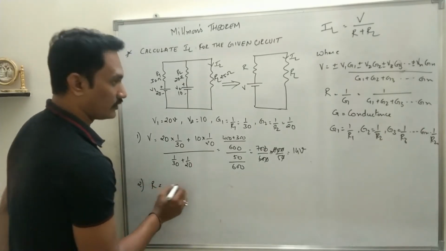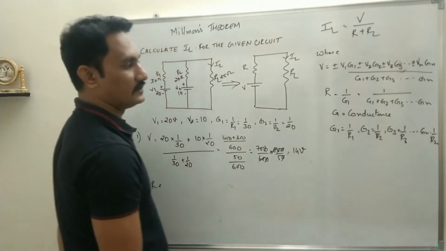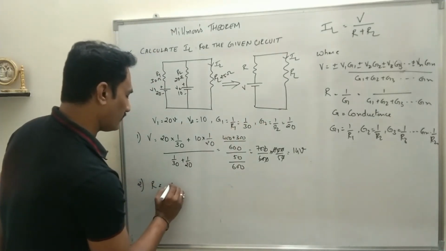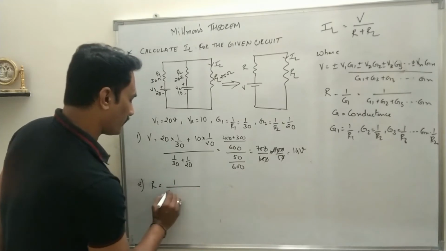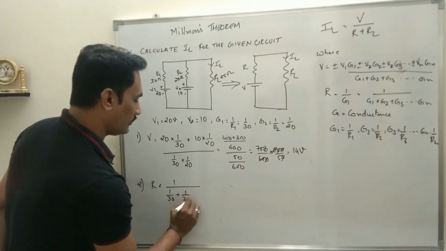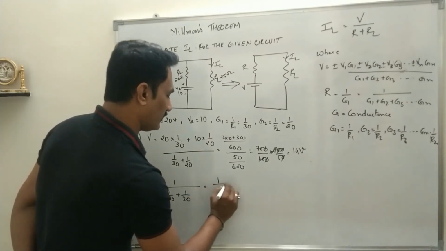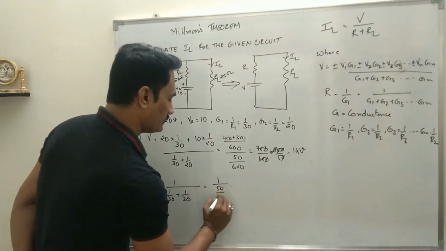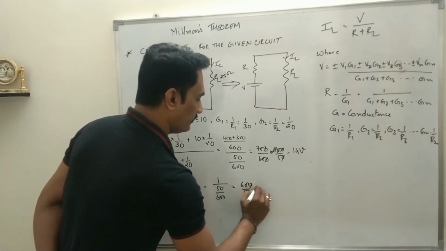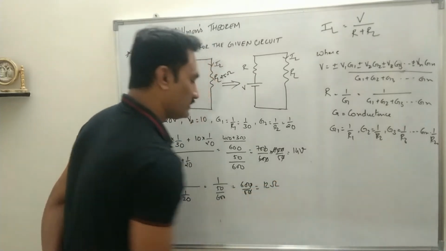R is 1 upon G, and G is G1 plus G2 which we have calculated. So R will be 1 upon 1 upon 30 plus 1 upon 20. So this value will be 1 upon 50 upon 600, or it will be 600 upon 50. The value is 12 ohms.